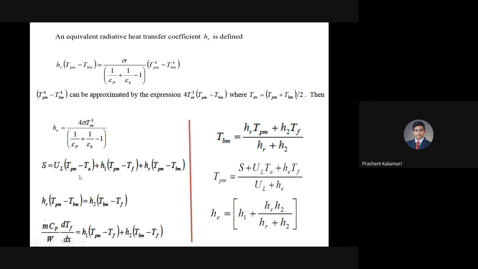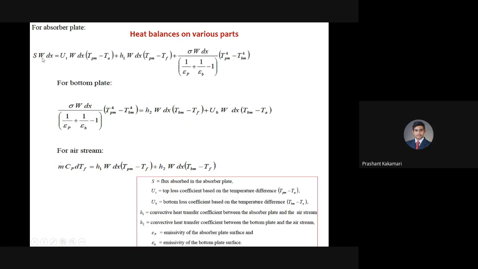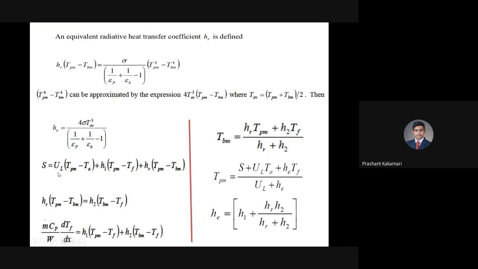Similarly, now I can simplify that W dx, as I told earlier, you can cancel W dx throughout this equation. That is done here. Area is cancelled because area is multiplied with all the equations.